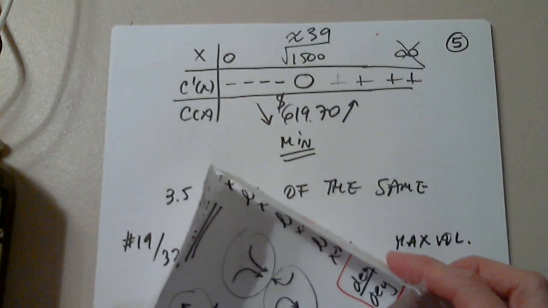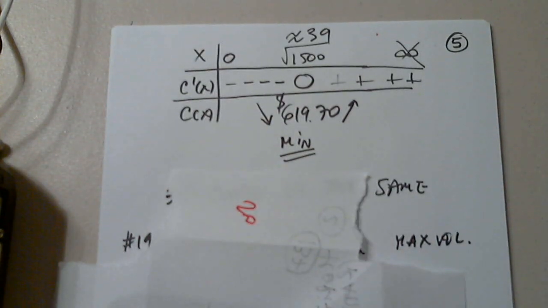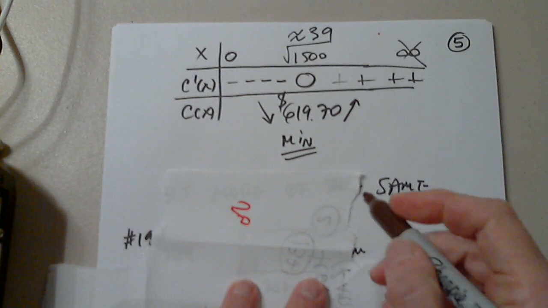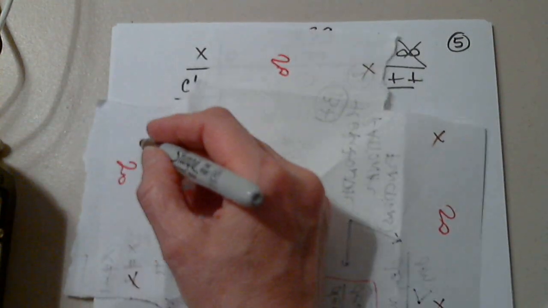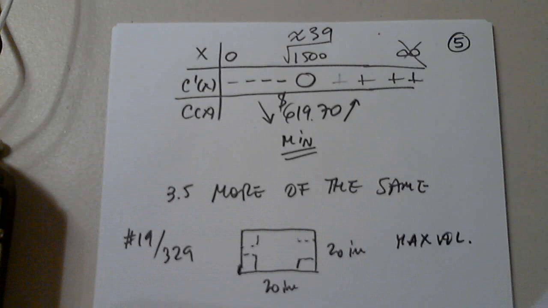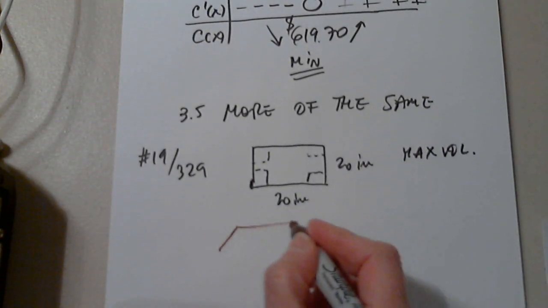And here's the box. So I had 20 by 20, and this is X, and this is X, and this is X, and this is X, and X, and X, and X, and X.